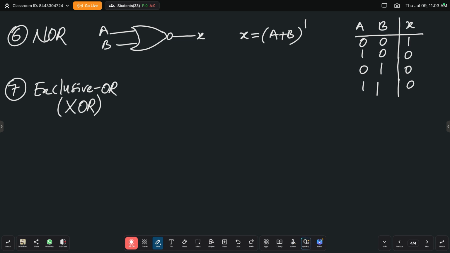The output of this exclusive OR gate is 1 if any input is 1, but excludes the combination when both inputs are 1.